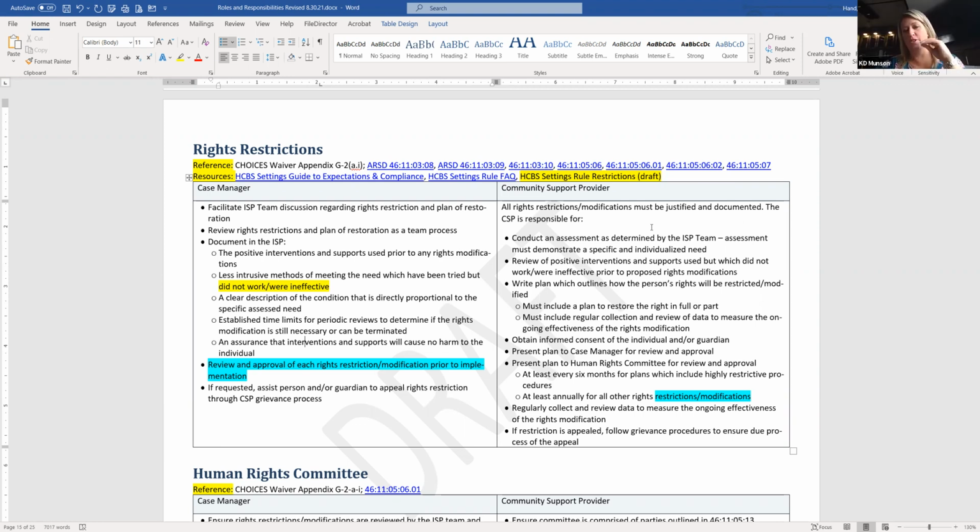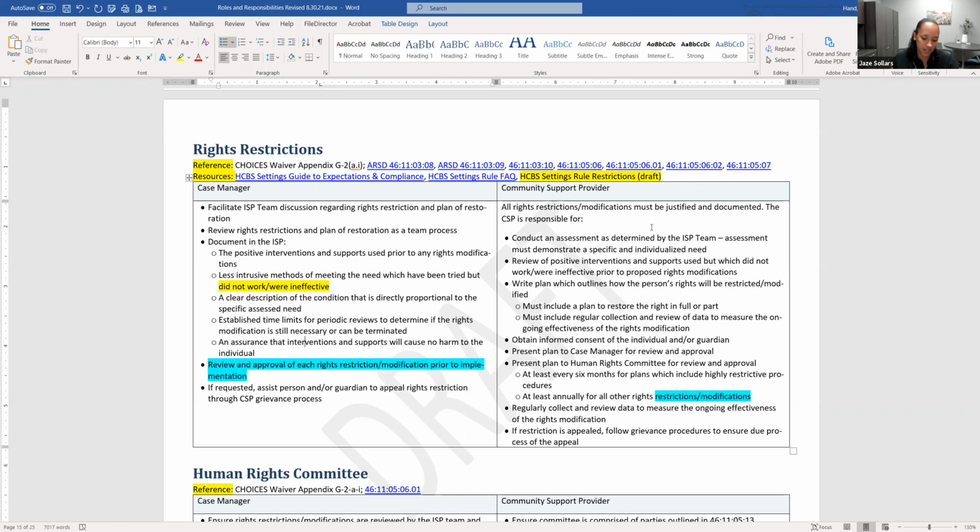A quick clarification too on the HCBS settings assessment, which is the rights that we're referencing. Is that going to be expected to be done annually, or is this a one-time thing? I guess I assumed it was a one-time thing. Well, I would say it would likely have to be done ongoing.